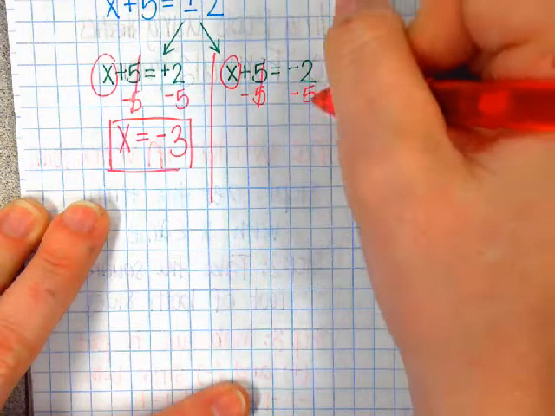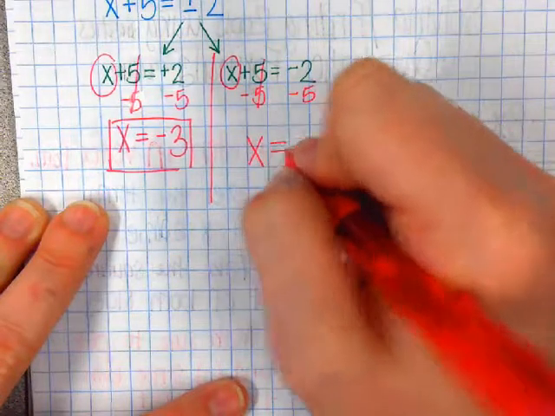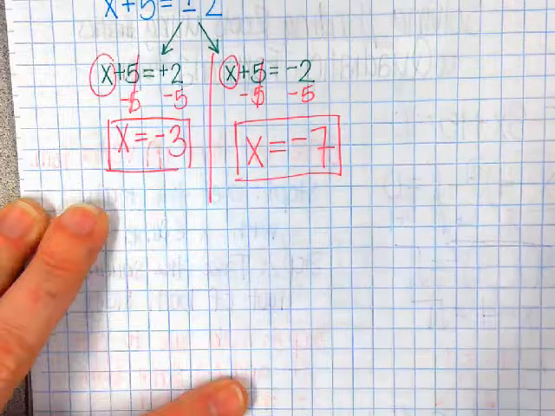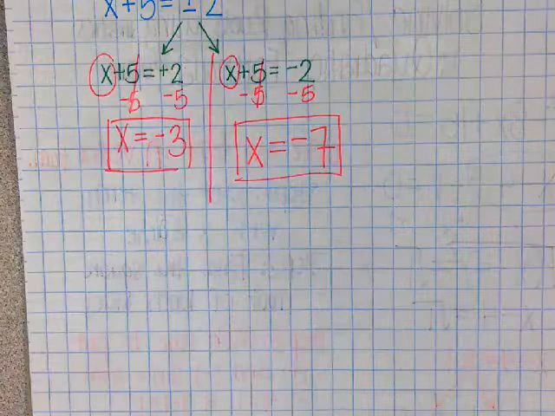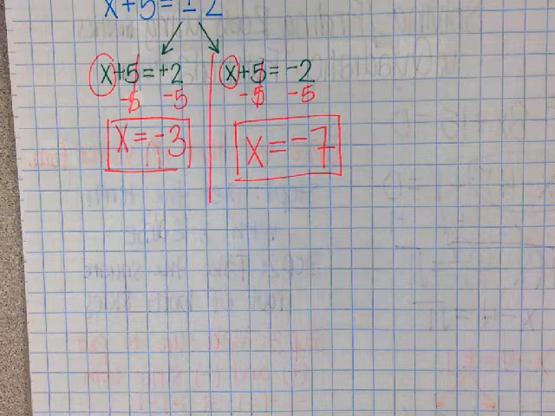And then solve the second equation. Subtract 5, subtract 5. What's negative 2 minus 5? Negative 7. So those are your two solutions.